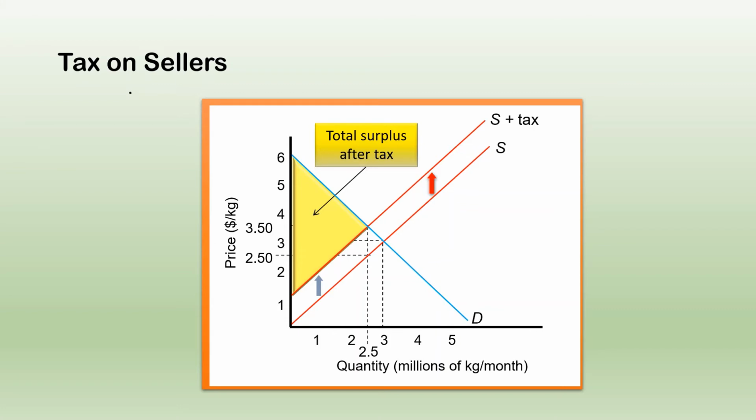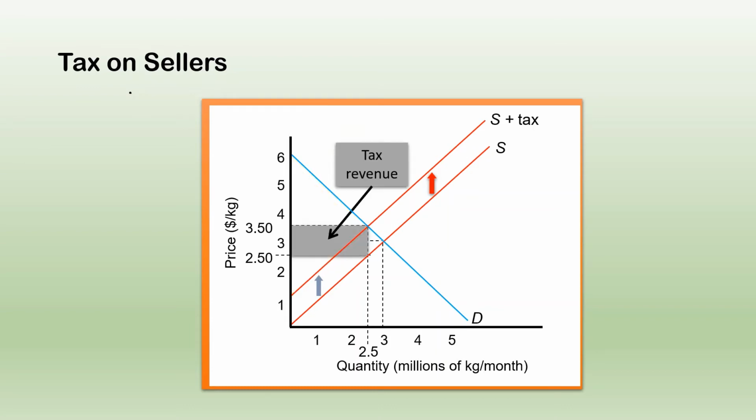For that, we have to measure the vertical distance between the new supply curve and the old supply curve. So you will move from the new equilibrium point on the new supply curve, and then move from that point to the old supply curve. So the vertical distance is actually equal to the amount of tax.